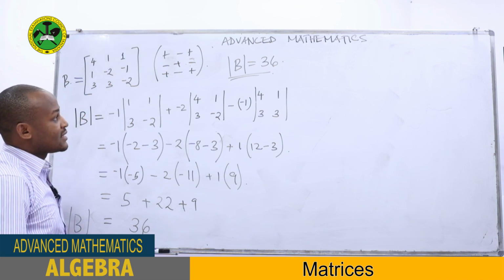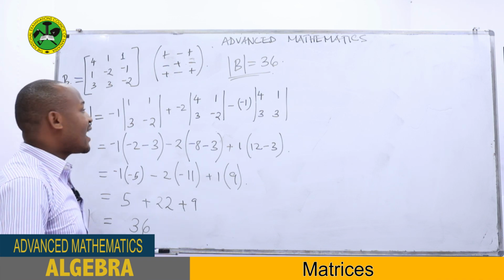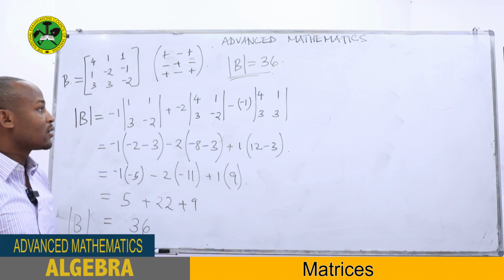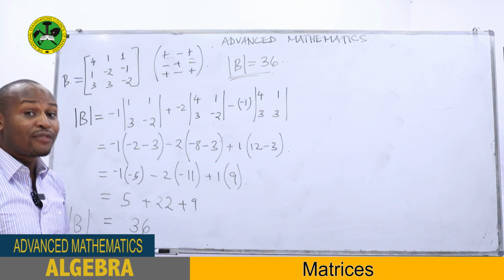Now, after having the determinant, the second step is to find the cofactor matrix, the matrix of cofactors.